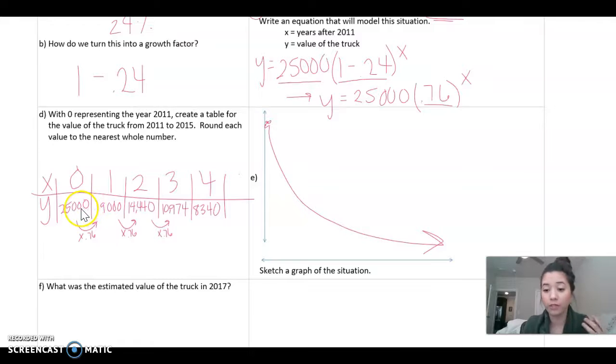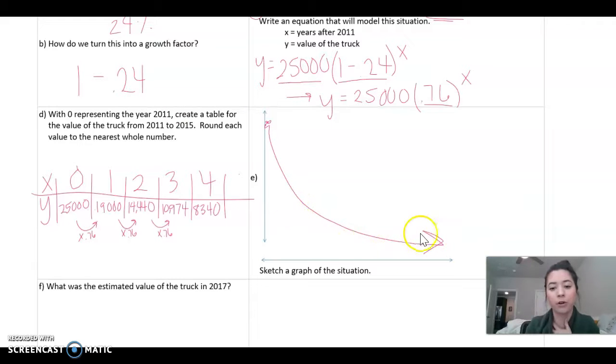Again, because 24% is a bigger chunk of 25 versus 24% of almost 11,000 is only $2,000, $3,000. So over time, the amount that we're losing is getting smaller because how much my car is worth is smaller, which is why it starts to flatten out here.